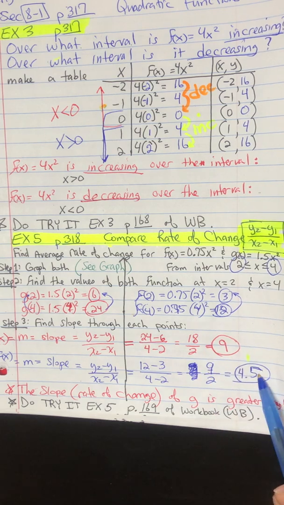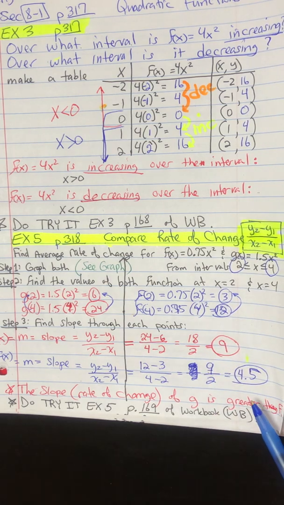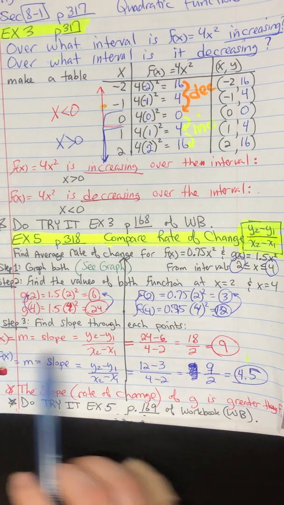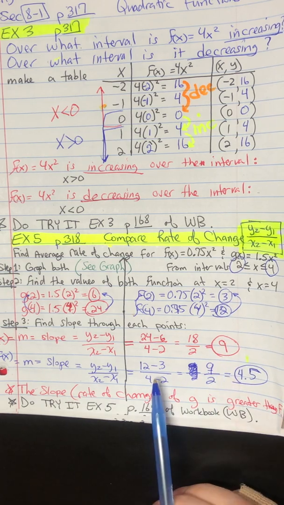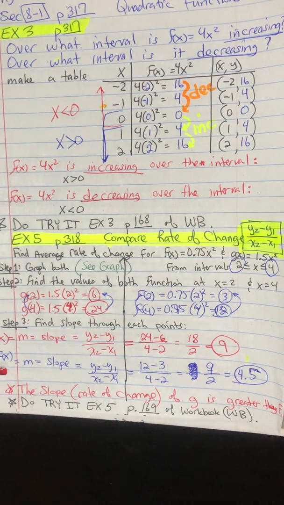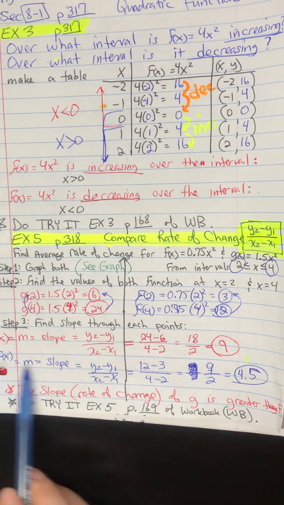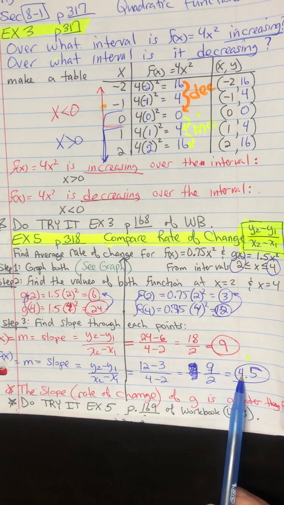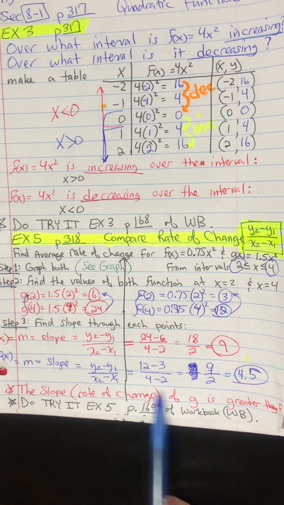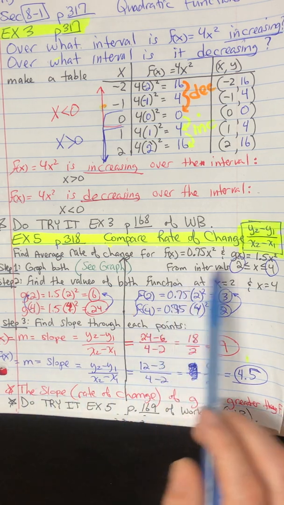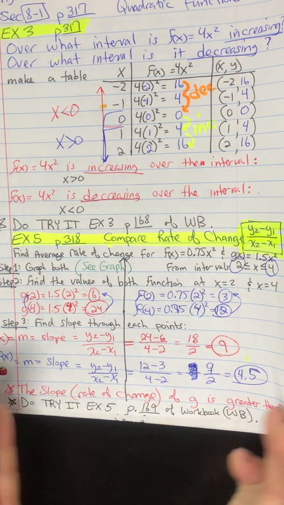Now compare the slopes. Which one was steeper? Well, g of x was steeper because it has a slope of 9. The sides of g of x in the U-shaped curve were steeper because it has a greater slope. And then the f of x is going to be less steep because it has a slope of 4.5. And it makes sense because f of x has a smaller number, coefficient 0.75, so the graph was wider.